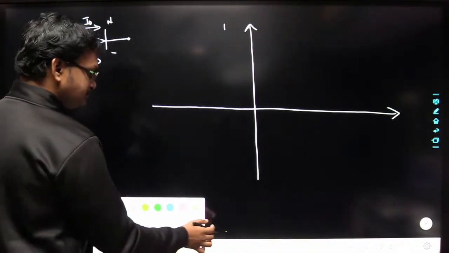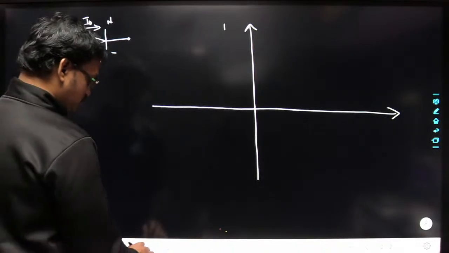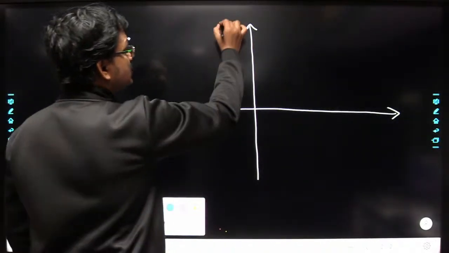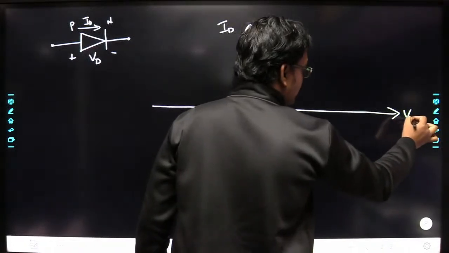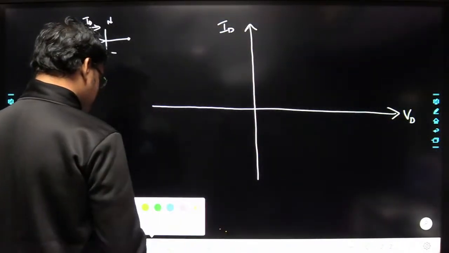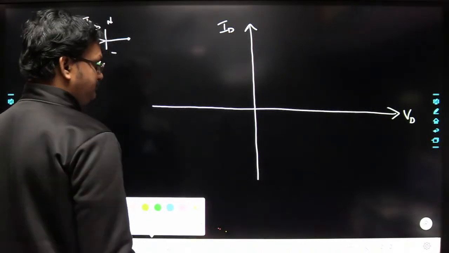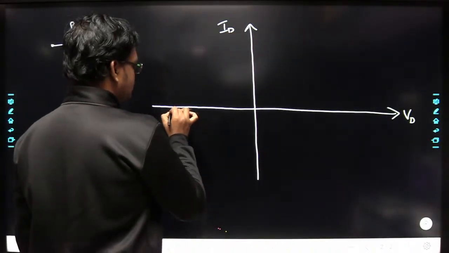Now I am drawing the characteristic here. See here. This is ID versus VD. ID versus VD. So how will the characteristic look like here?